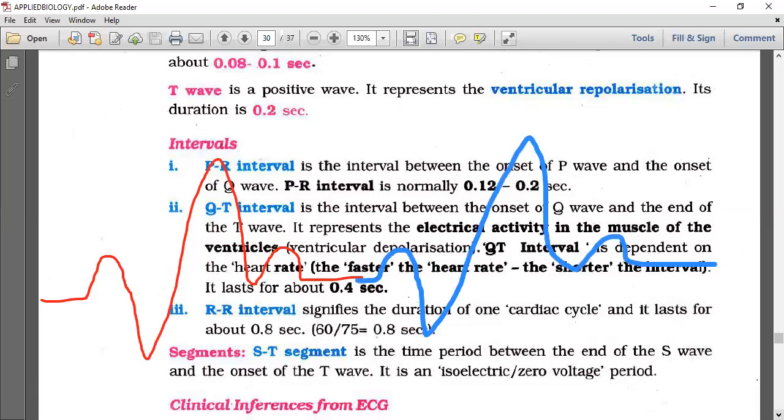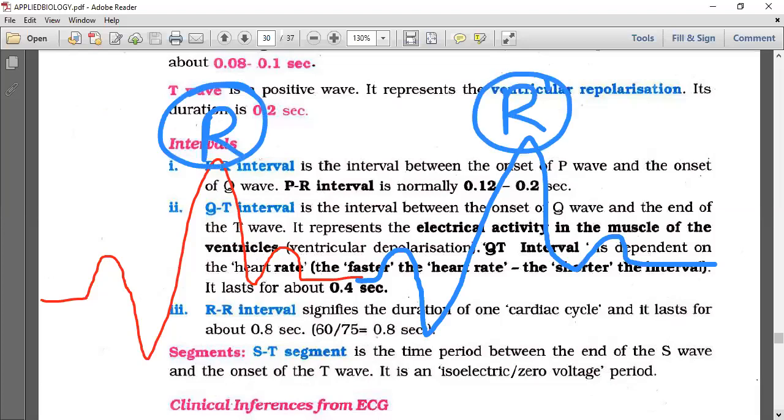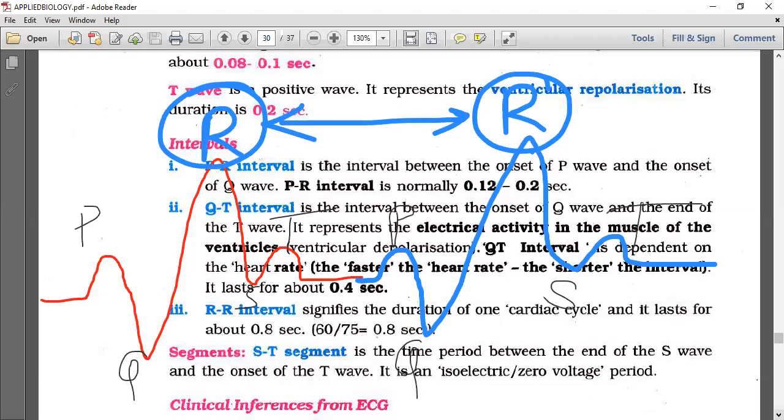Okay. So what is this R? This is RR interval. That means higher the deflection, we can say from one R to the another R. So the remaining I'll make here, P Q R S T, then P Q R S T. Okay, so we want only these two. That's why I highlighted them only.